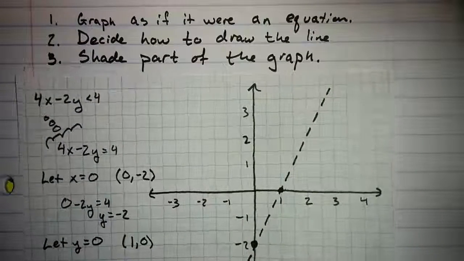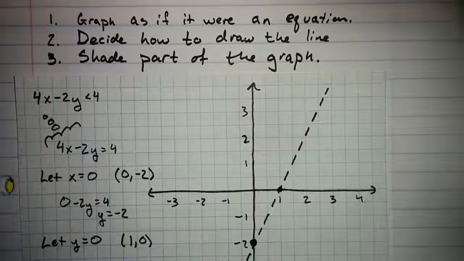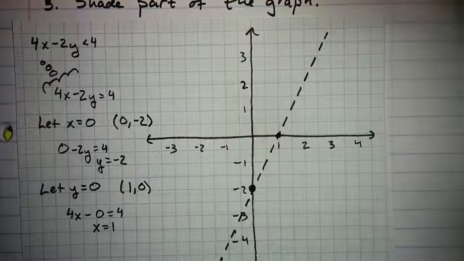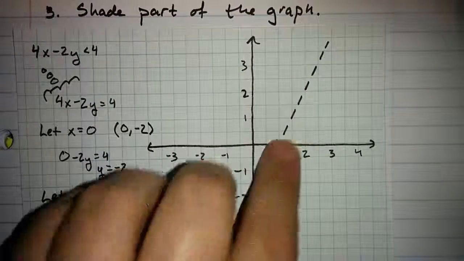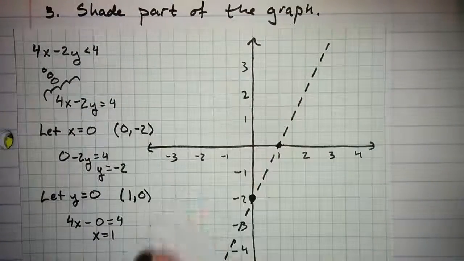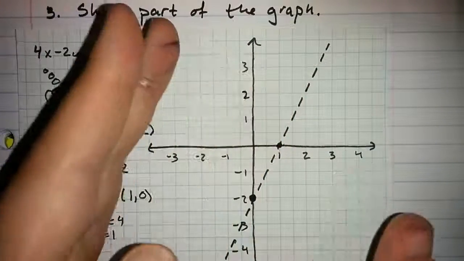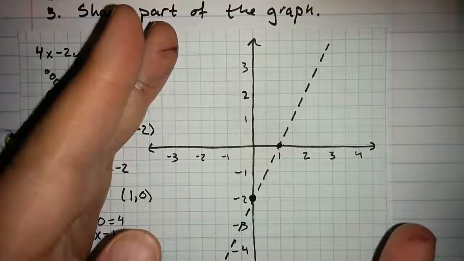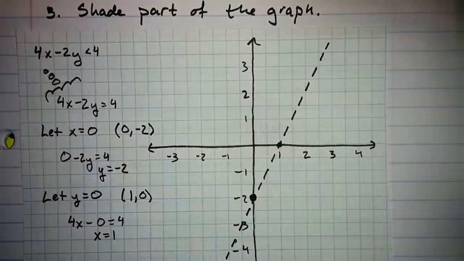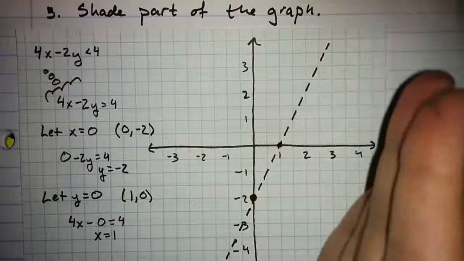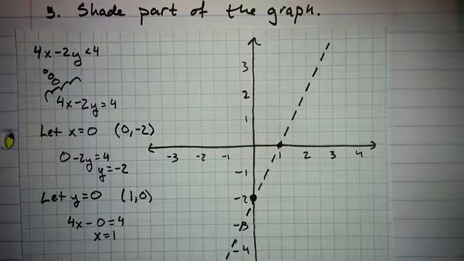And now we're going to shade part of the graph. Now I want you to ignore the axes for a moment and just look at this dashed line. This dashed line cuts the plane into 2 parts. There's this part above the dashed line and this part below the dashed line.